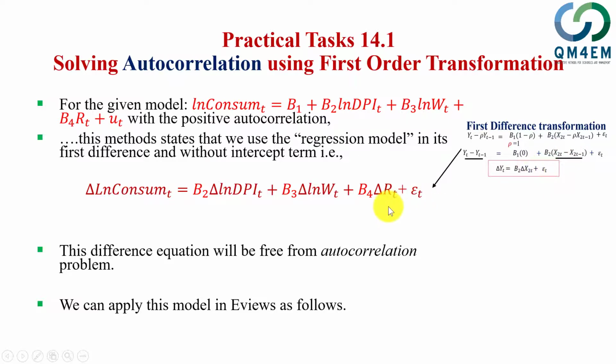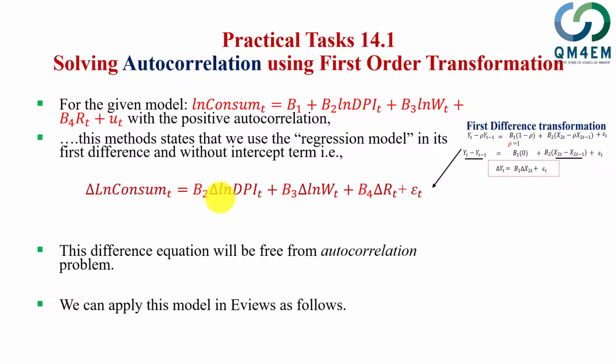So we use the same regression model. We theoretically know that this model would be free from autocorrelation, and we then apply this model in Eviews and we will see the result. In simple words, instead of using the original model, we use this difference model, and we will see that the problem of autocorrelation will be solved when we use this model for estimation.